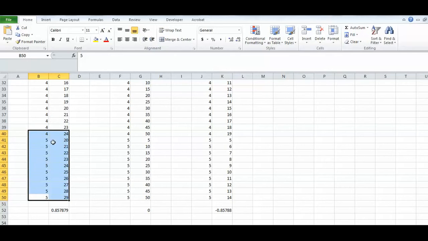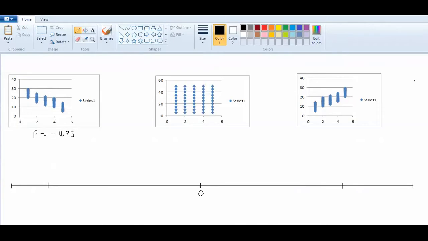But since I did include all 50 people in the formula, it's a population correlation, which is the symbol rho and not R. Over here, rho is 0. There's no correlation in this population. Over here, the correlation was the opposite. It was a positive 0.85.